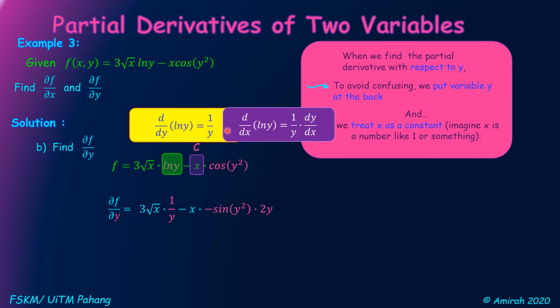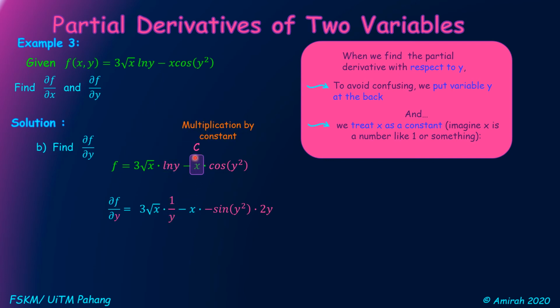So times 1, no need to write. That's why we only have 1 over y when we differentiate ln y with respect to y. Alright? And after that, we can put it here. And the operation must be multiplication here.